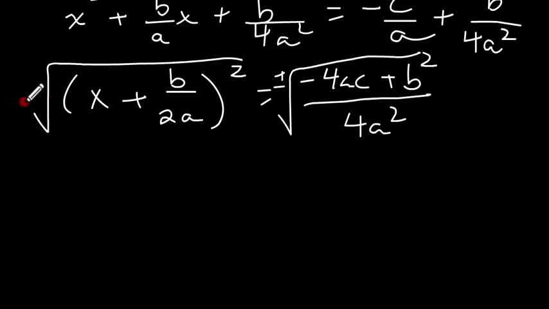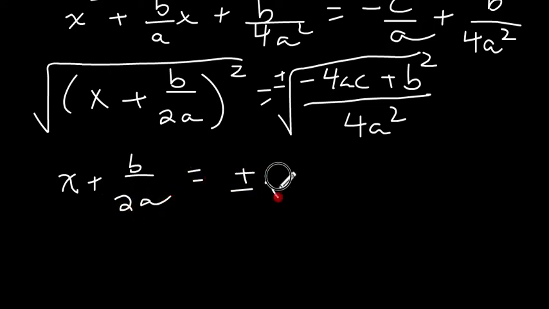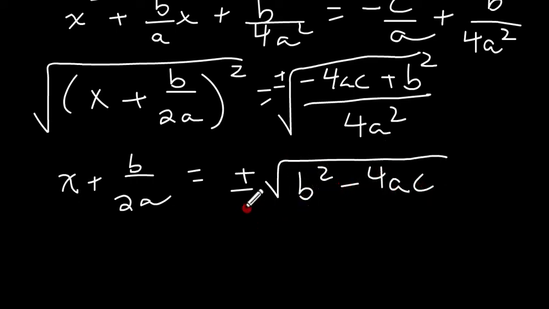And when you square root a square, it comes out. So you get x plus b over 2a. And that's going to equal, look at this, how it's coming together. Plus or minus, I'm just going to rearrange, b squared minus 4ac. You know where you're going if you have the formula memorized, which you better, over 2a, because the square root of 4 is 2. The square root of a squared is a.